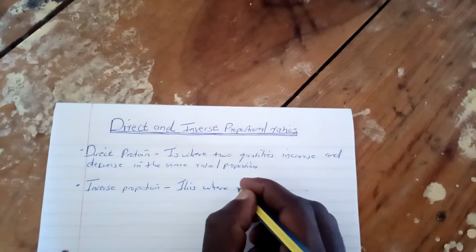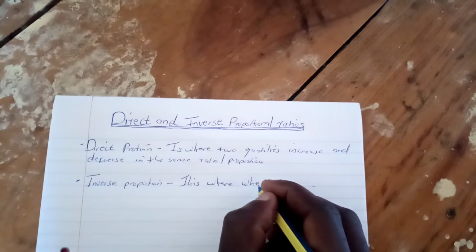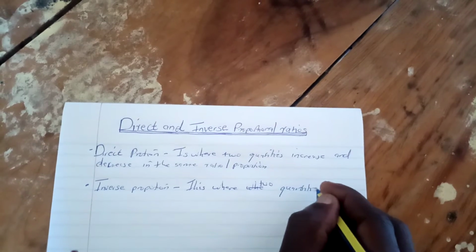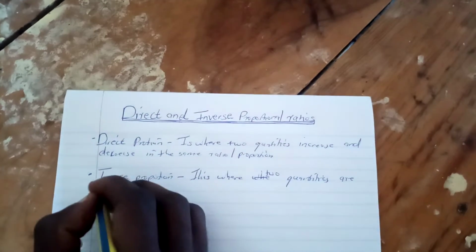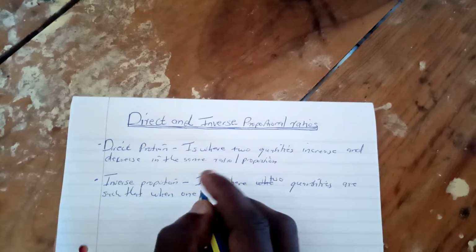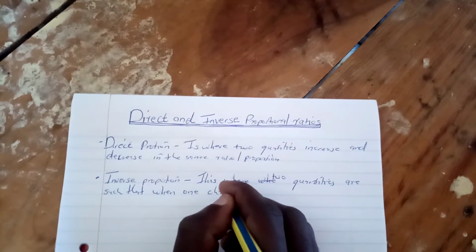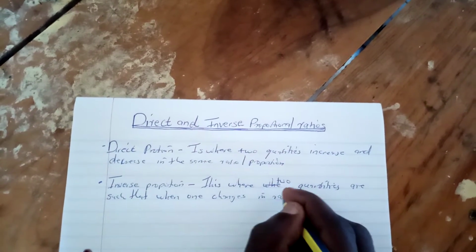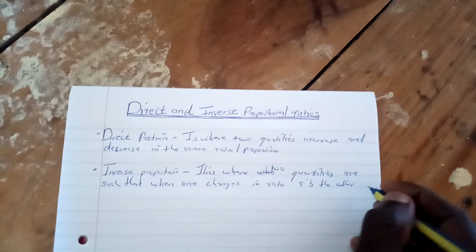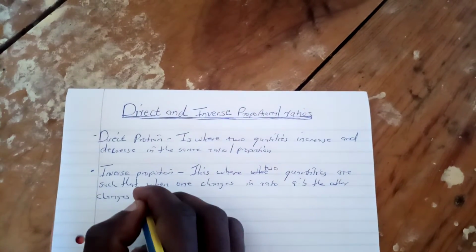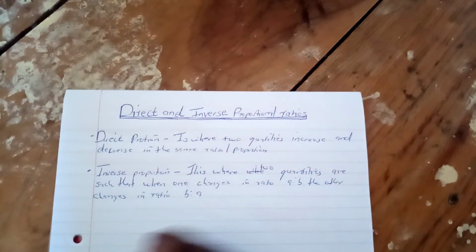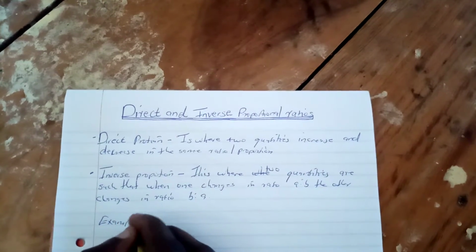This where two quantities are such that when one changes in ratio A to B, the other changes in ratio B to A. Let's go to examples to have it in our mind.